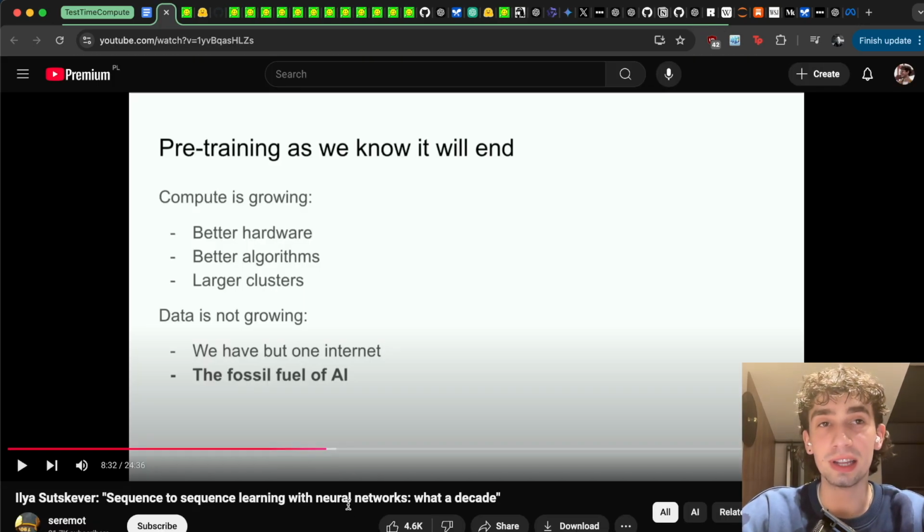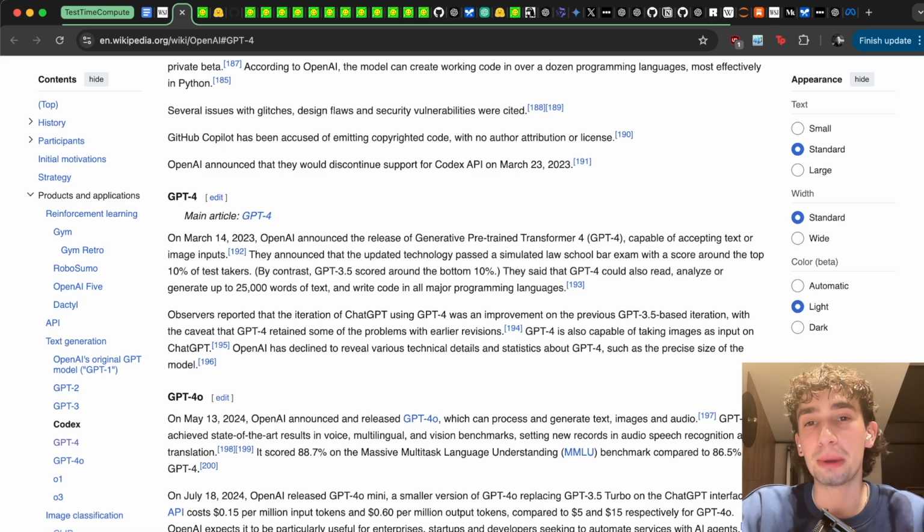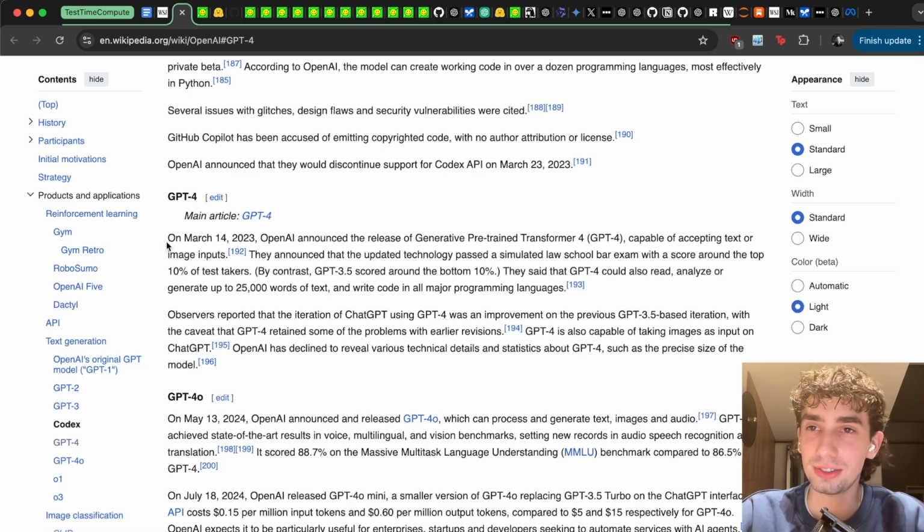We started to realize that the data sets of text that we've used to train these models, generally things like Common Crawl or internet data, are pretty finite and not growing at the rate or the quality that we need to continue pure brute force scaling. So we've seen what's been identified as maybe a bit of a plateau when it comes to scaling pre-training. I think this is pretty obvious if you look at the GPT-4 model.